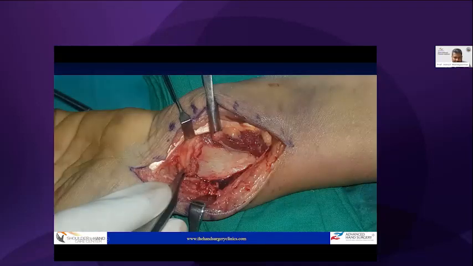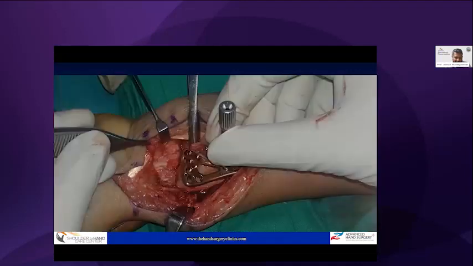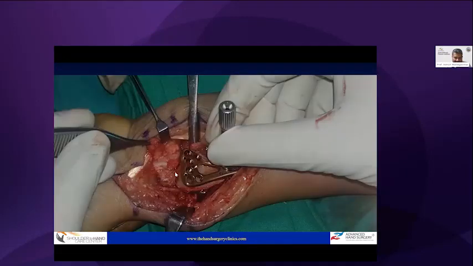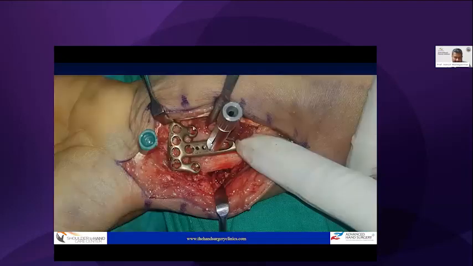Because, as I showed you in the previous video, if you're using this particular plate, it's not going to address the distal fragment for the fracture which is distal to the watershed line. And should you cross the fracture line with this plate, the plate is going to be proud and cause flexor tendon irritation besides loss of fixation.